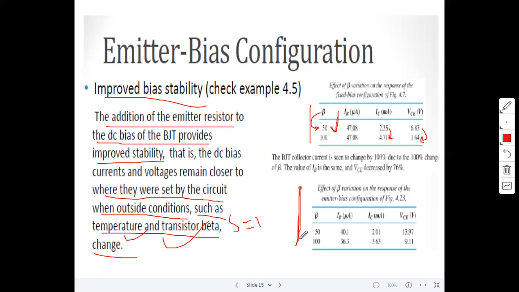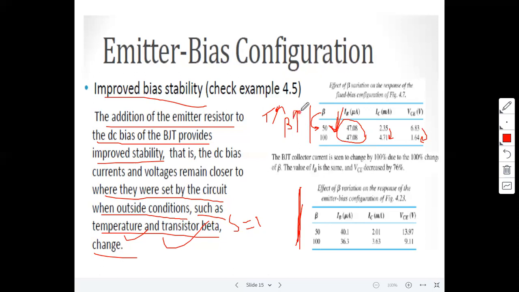Whereas for the emitter bias circuit, the same condition we can consider here. In fixed bias, IB stays constant as beta changes. How does beta change? Temperature changes. As temperature changes, beta also changes.